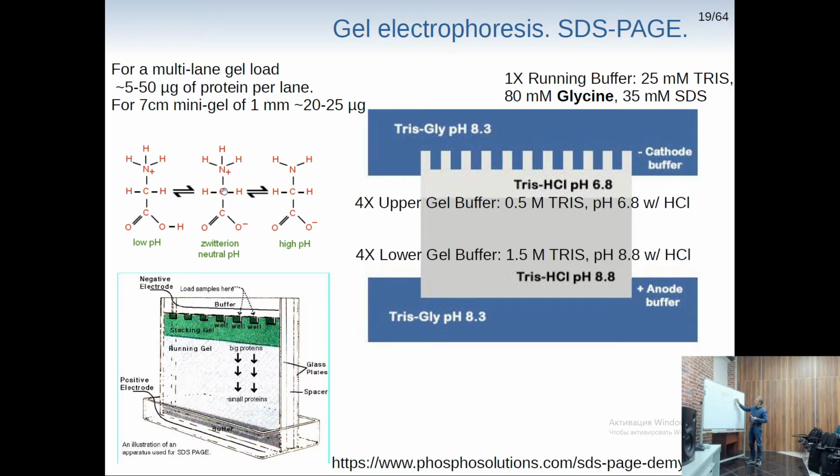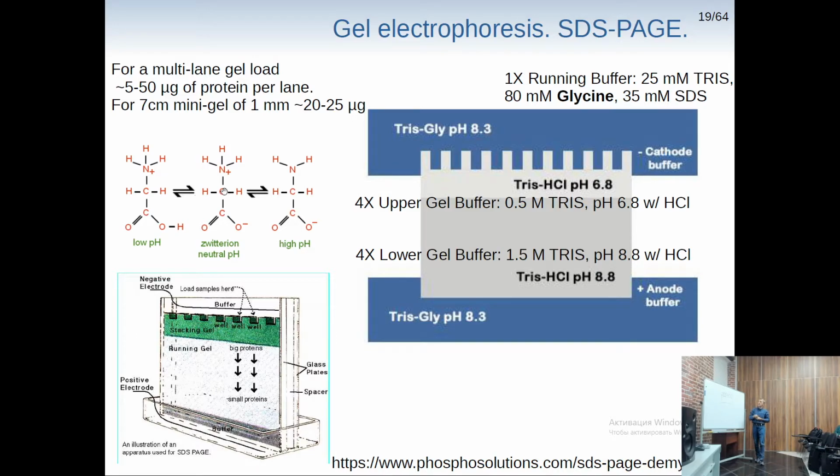We have chloride here and here, and we also have glycine here. I'm not using the number 3 here because it's the same throughout the whole gel, but when we start to apply our current, those charges will start to move.